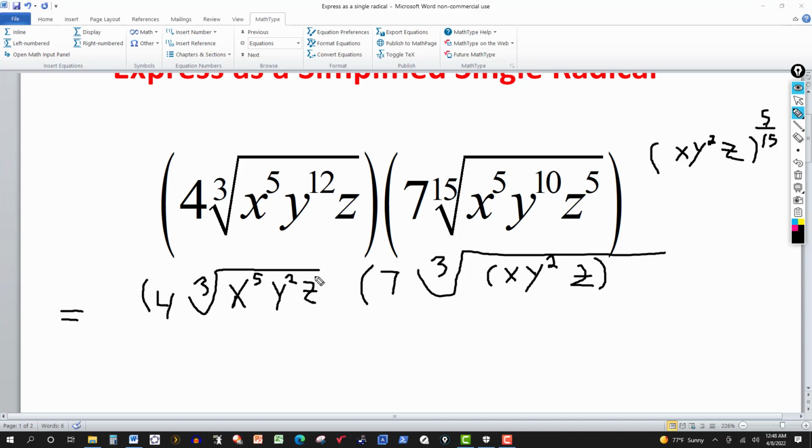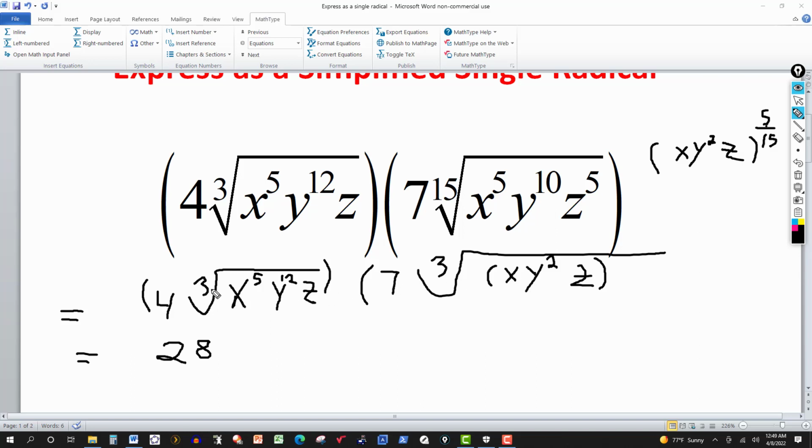So this product is equal to, now I can multiply, since the index is the same. So 4 times 7 will be 28. And of course, there's a 12 in this one. Now I could multiply and simplify.